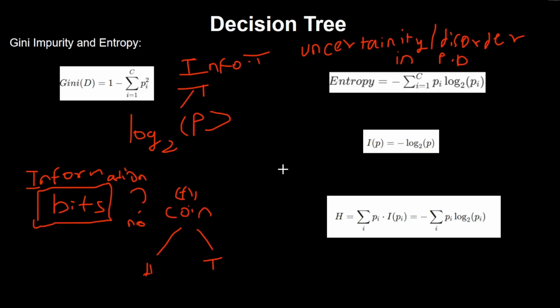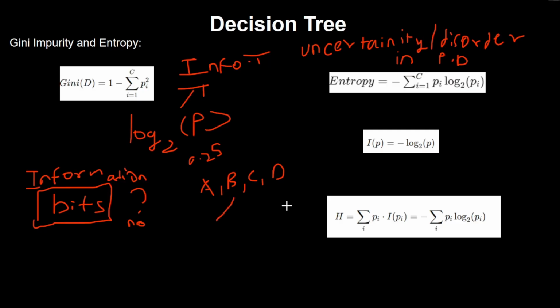So let's say instead of the coin, we have another set of outcomes. A, B, C, and D each have a probability of 0.25 of being chosen. Let's see how many binary questions we need to ask.